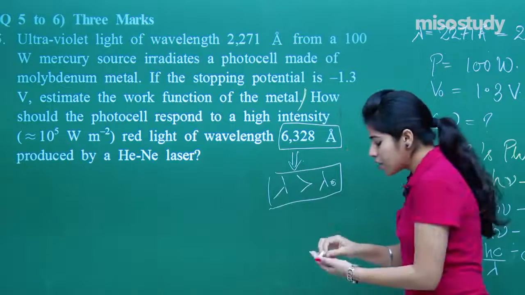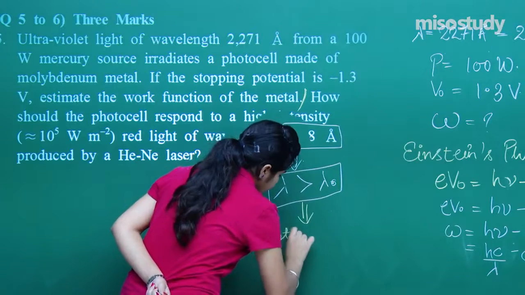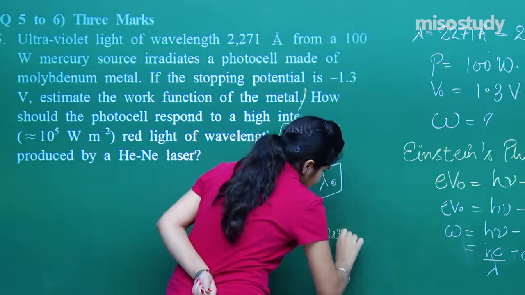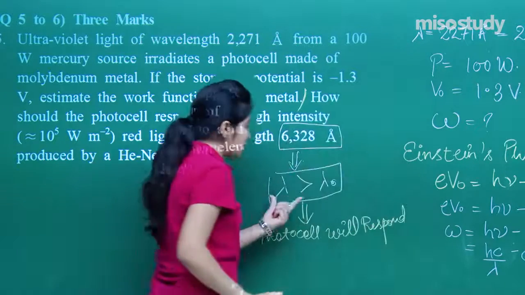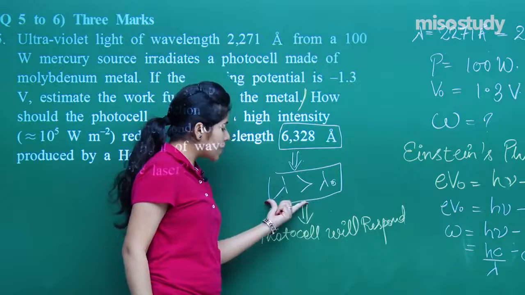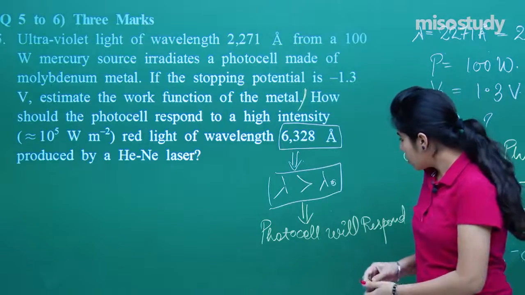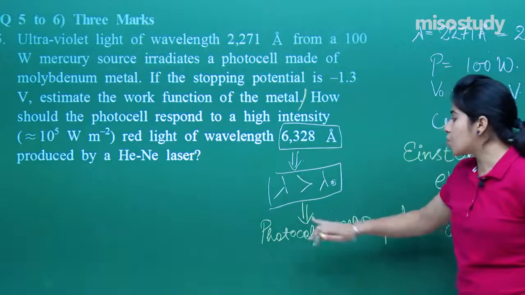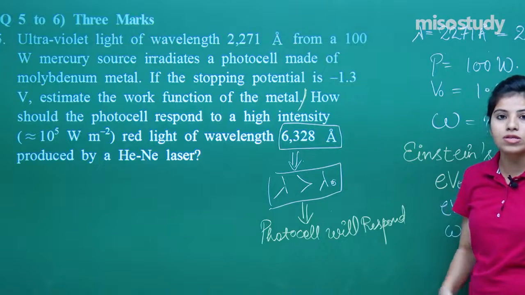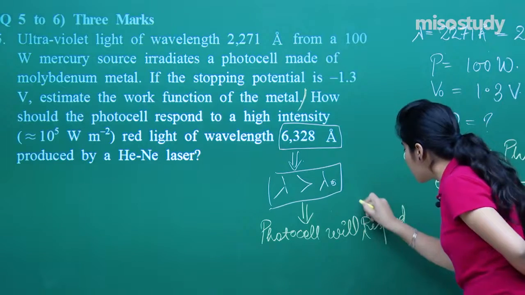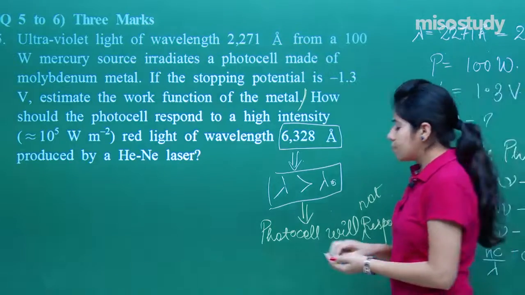The photocell will respond only when this condition is satisfied. Sorry, the photocell will not respond when your wavelength is greater than lambda naught, that means the threshold wavelength. It will respond only when it is less.